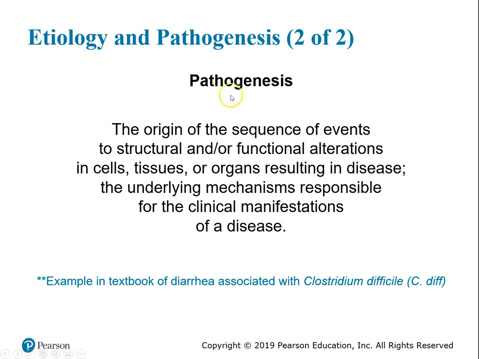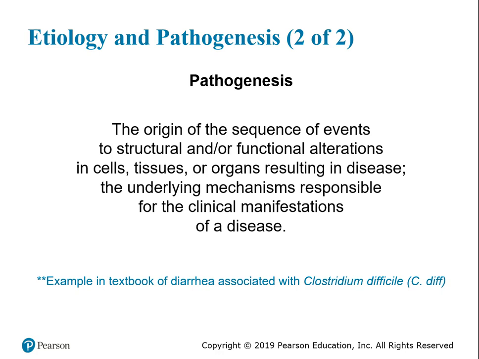Okay, again, just defining and setting up, like I said before, these broader terms that are going to be applicable as we move through the semester. The term pathogenesis, right? We talk about the pathogenesis of disease, okay? The origin of the sequence of events leading to structural and/or functional alterations in cells, tissues, or organs resulting in disease.